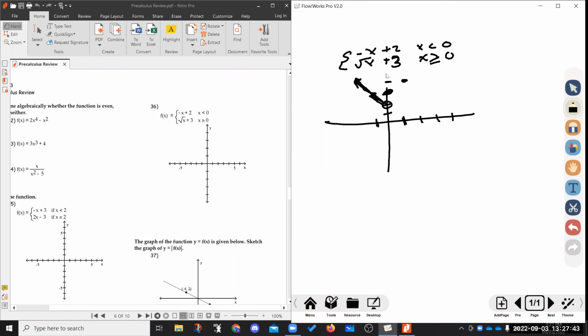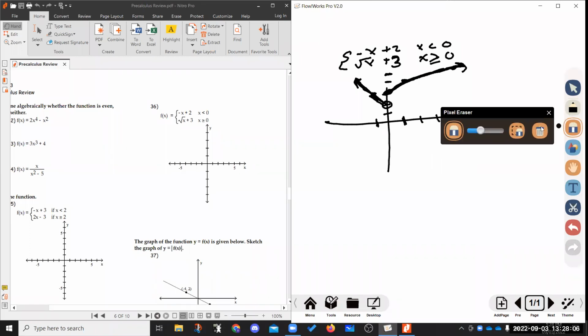Square root of 4 is 2. 2 plus 3 is 5. You start to get the curvature that comes from a square root function. Make sure you learn those parent graphs from your library of functions, what the different families of functions look like.